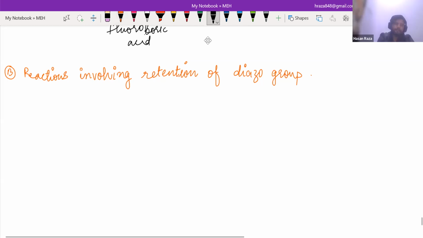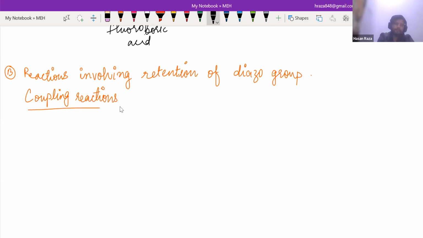The diazo group will be retained in the compound, and this reaction is basically known as coupling reaction.